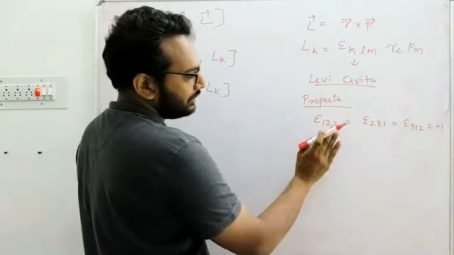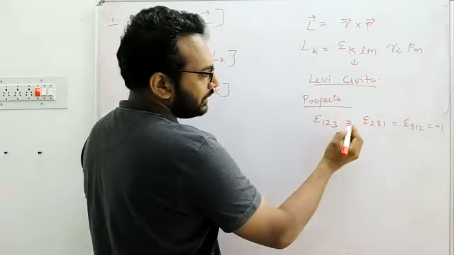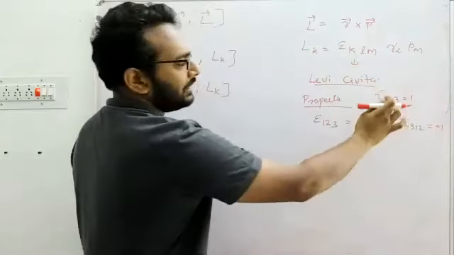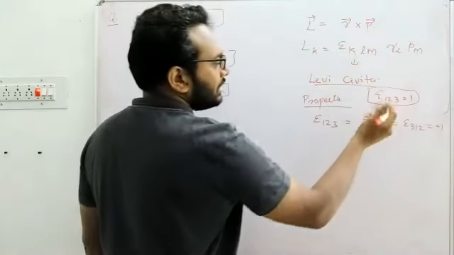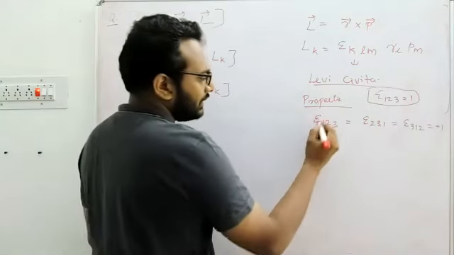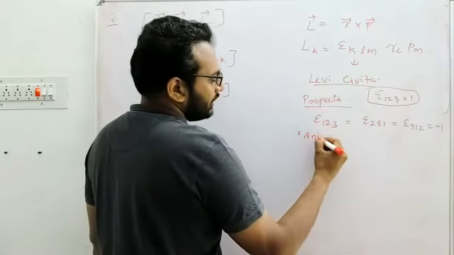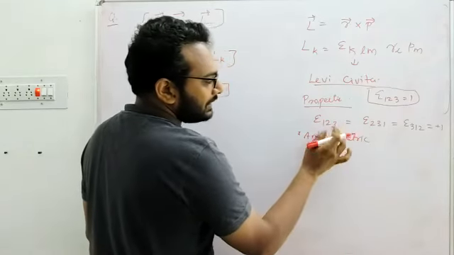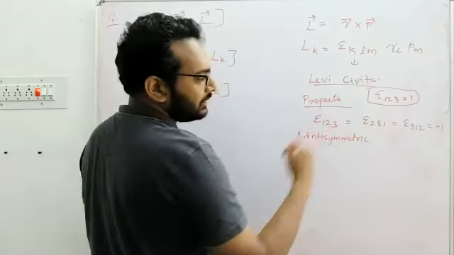Is that clear? So we define epsilon 1, 2, 3 as 1. That's enough actually. Then you also use the property that it is antisymmetric. Antisymmetric means if you interchange any two indices, you'll get a -1.